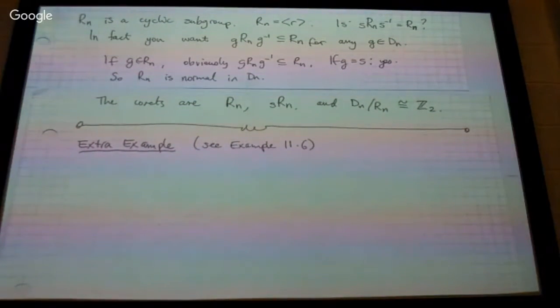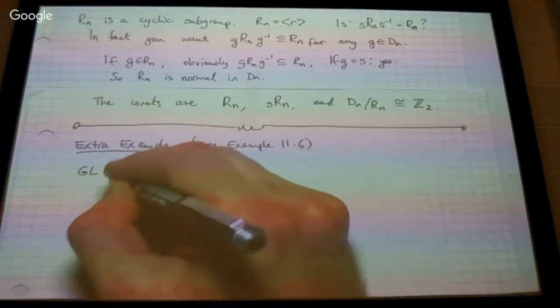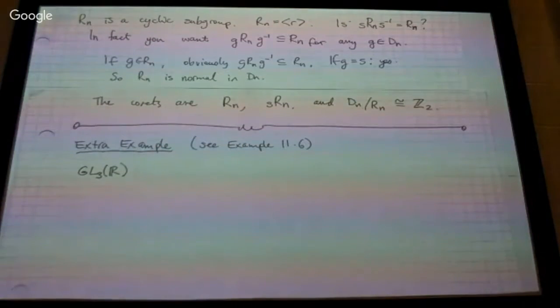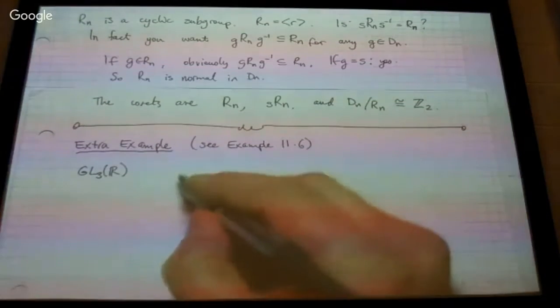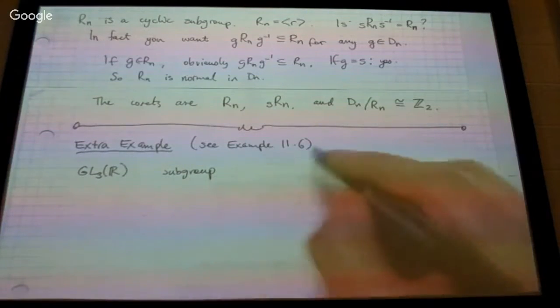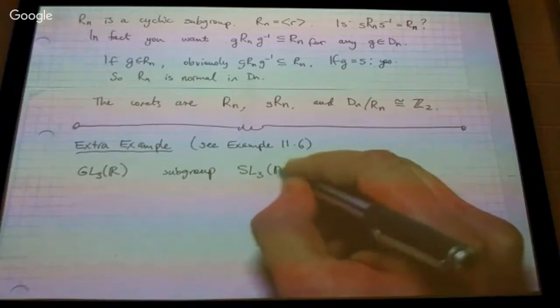Okay, what we take is the general linear group, 3 by 3 invertible matrices over the reals. It has a subgroup, which is the special linear group. What are they?